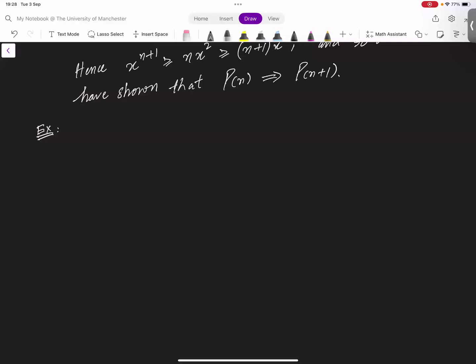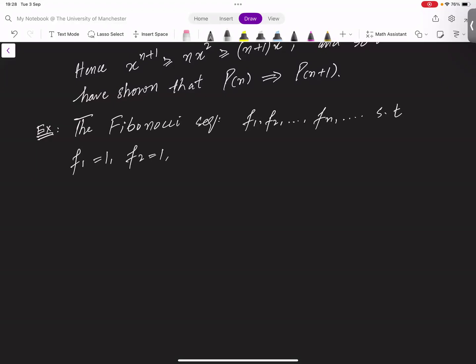Example: the Fibonacci sequence f1, f2, ..., fn such that f1 is 1, f2 is 1, and f of n plus 1 is fn plus fn minus 1 for all n greater than or equal to 1.